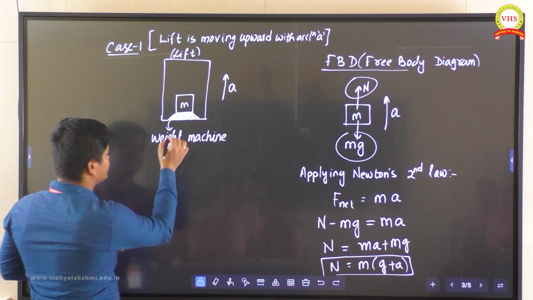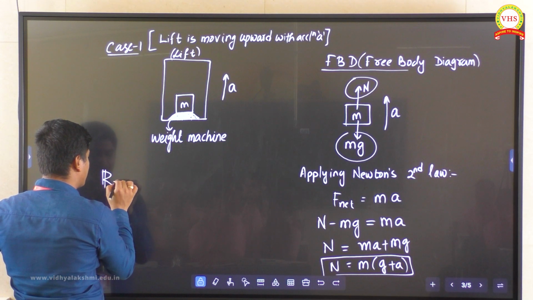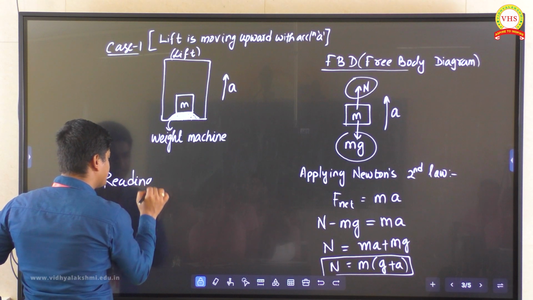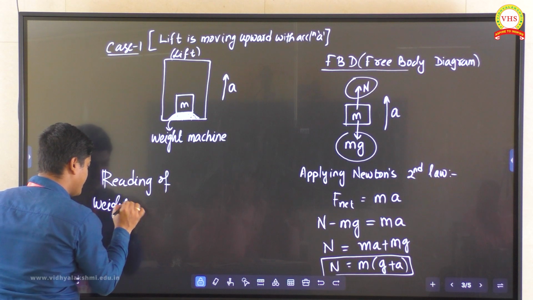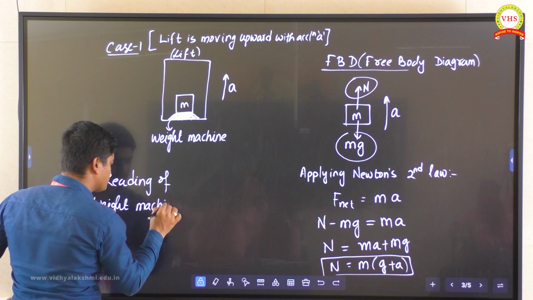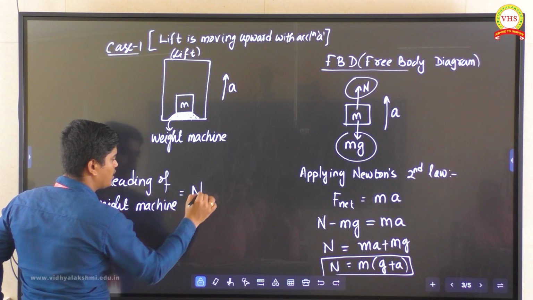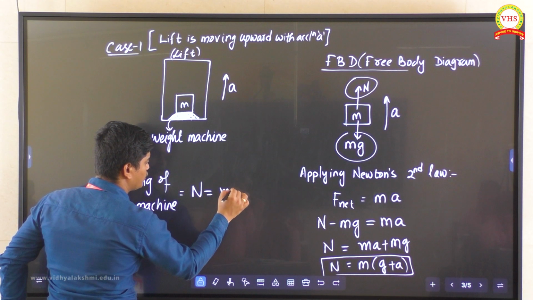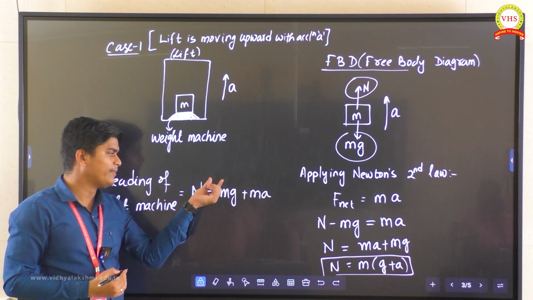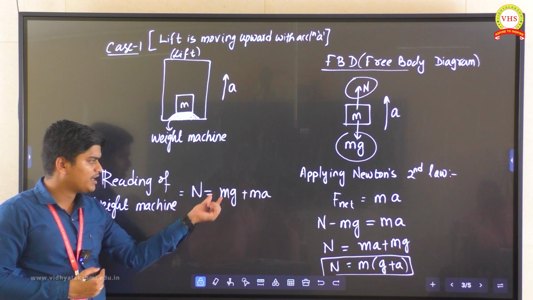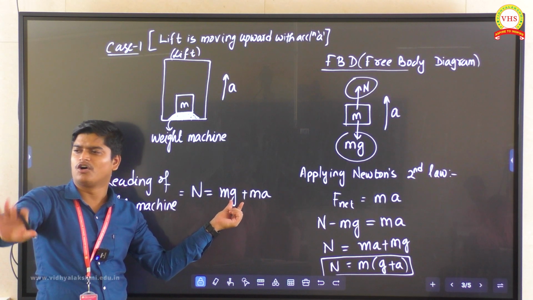So whatever reading the weight machine shows, that is nothing but this N value, which is mg plus ma. That means the weight machine will measure more than your original weight.